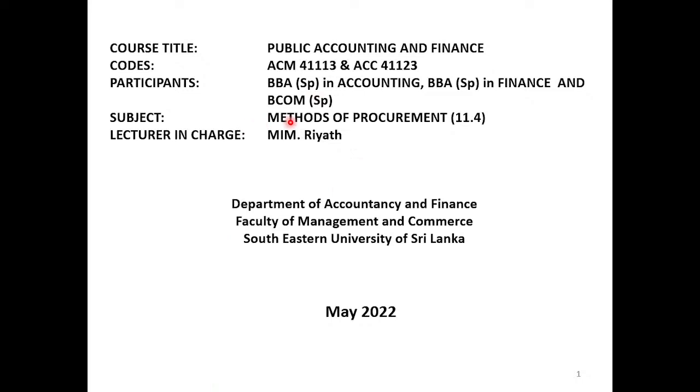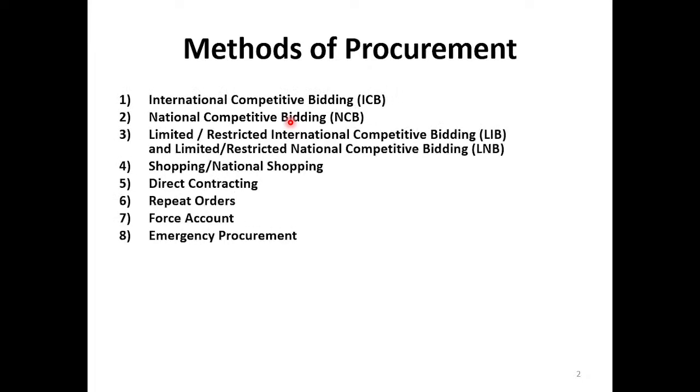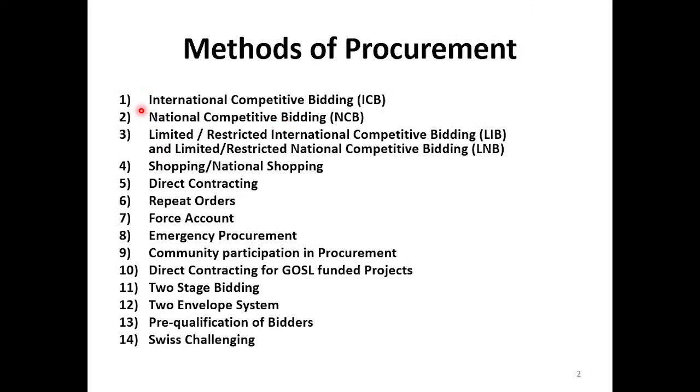Today we will discuss methods of procurement, and under the methods of procurement there are 14 methods to be discussed here. The first one is international competitive bidding.